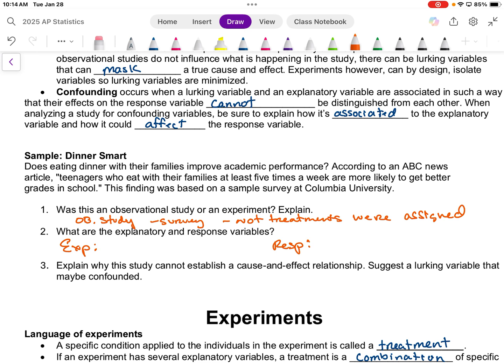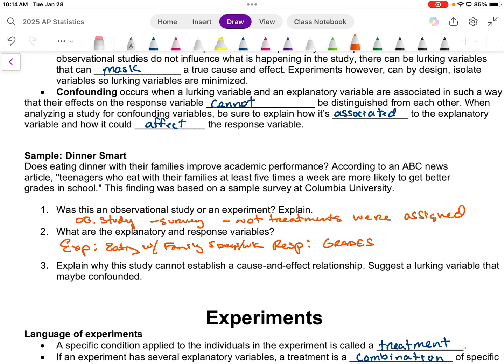Yeah, eating dinner with their families, eating with family 5 days per week. Therefore, my response would be the grades. Does being home, eating with family 5 days a week, improve your grades? That is what the survey was.